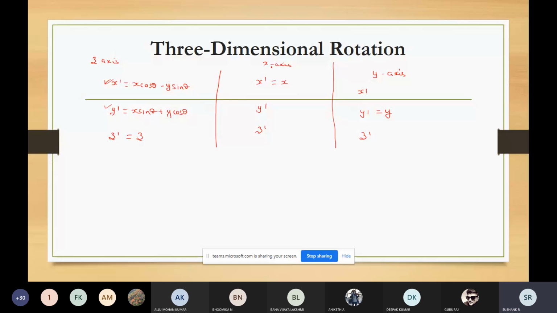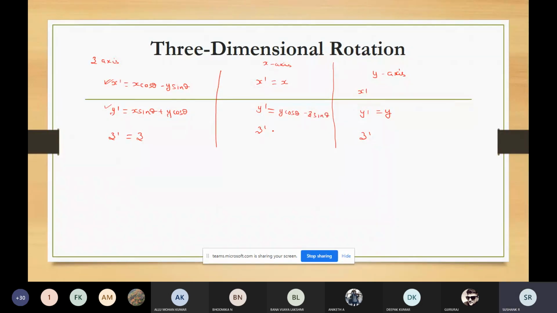See, x dash is equal to x cos theta minus y sin theta. It will change in cyclic order. So when you're looking about the x-axis, x dash is equal to x, and y dash will become y cos theta minus z sin theta. Wherever x was there, now it will be y, and instead of y, it will be z.